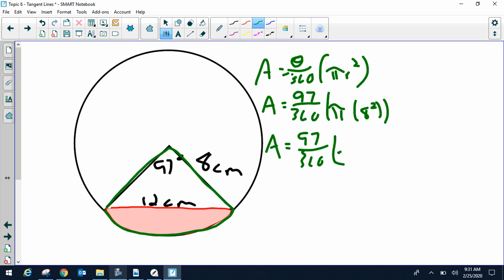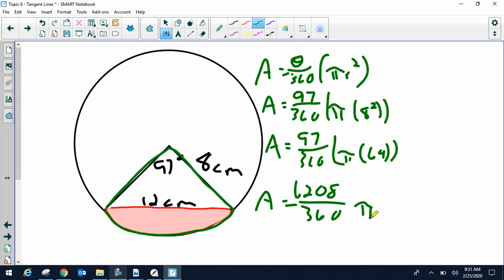So 8 squared gives me 64. We're going to multiply 97 times 64. You get 6208. And again, we're doing decimals, one decimal place, so we're going to times it by pi and divide by 360. You get 54.2.